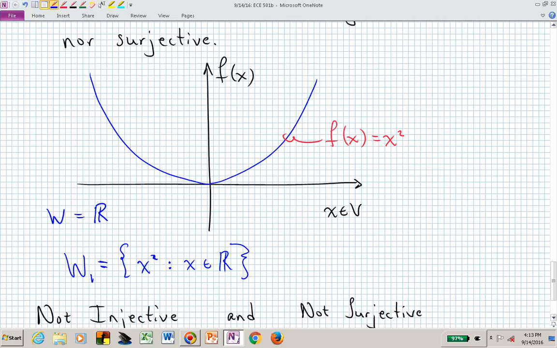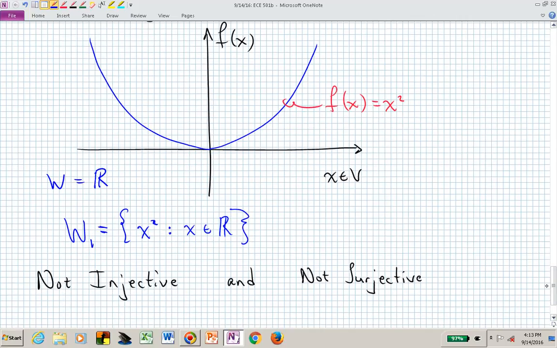So we can't get to negative values, so we are not covering the entire real line from minus infinity to plus infinity in this example.